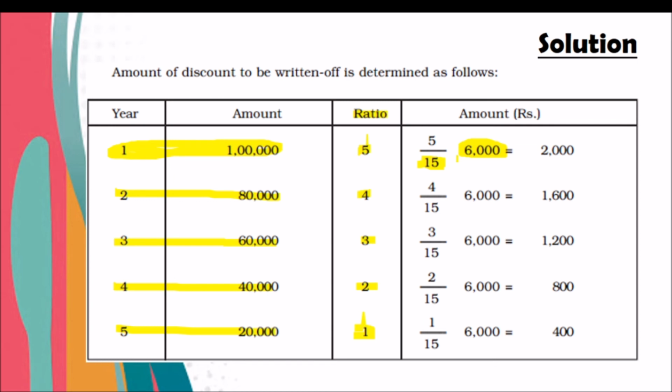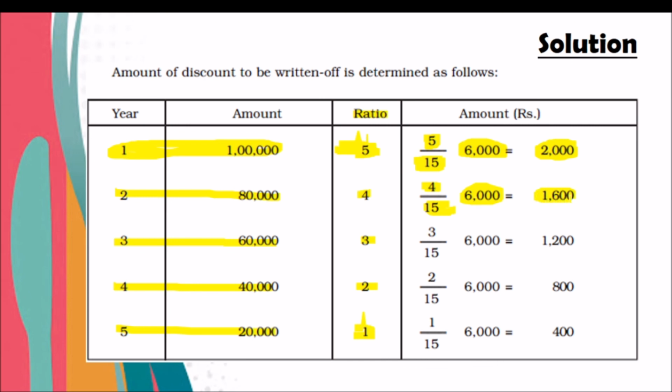So how to calculate the value to be written off in the first year? The loss amount 6,000 into 5, divided by 15. So 2,000 will be written off from the first year. So 6,000 into 5 ratio divided by total ratio 15. Second year 6,000 into 4 divided by 15, that is 1,600.